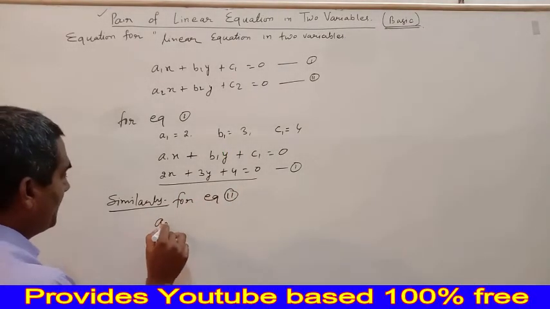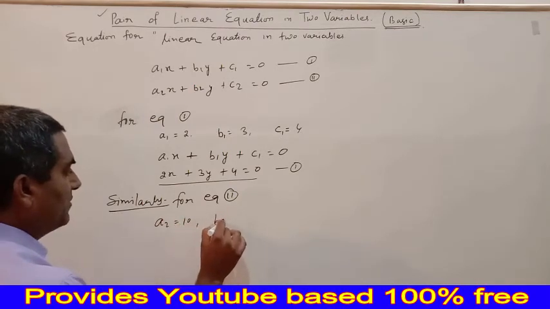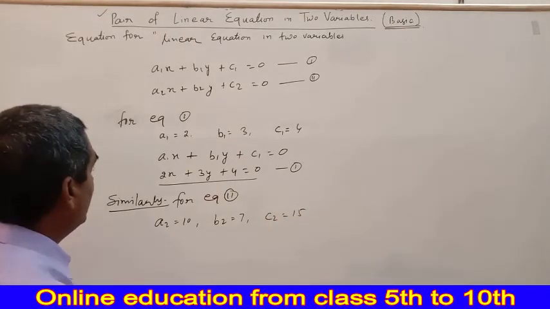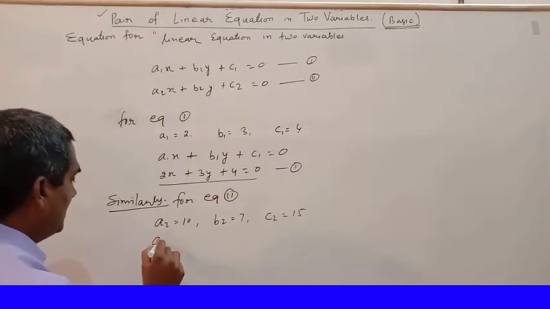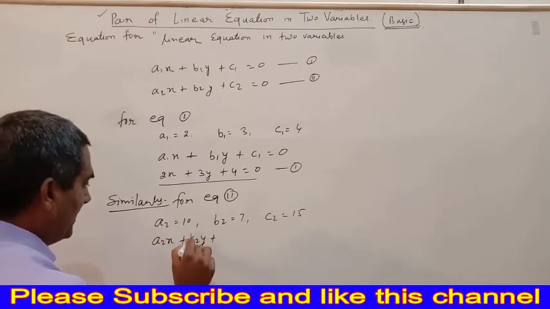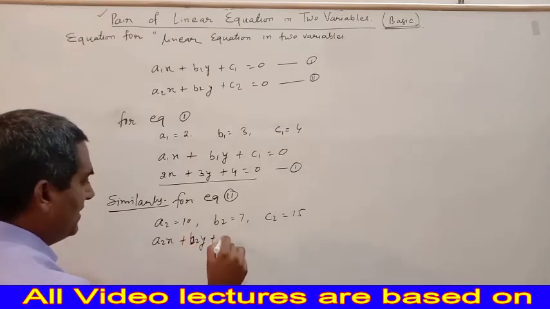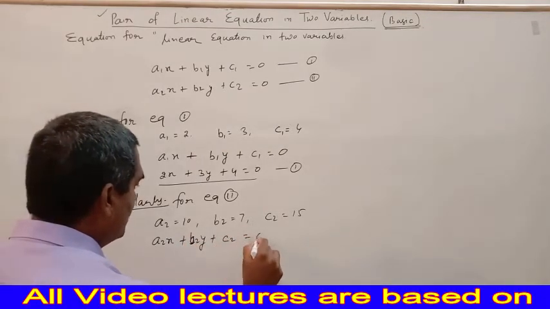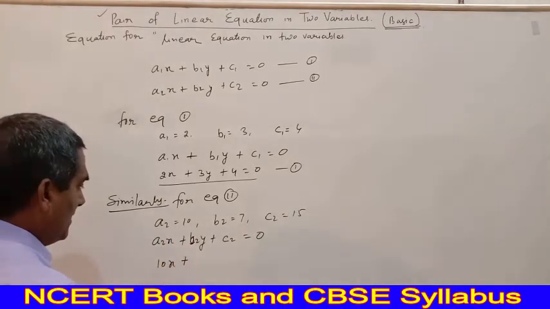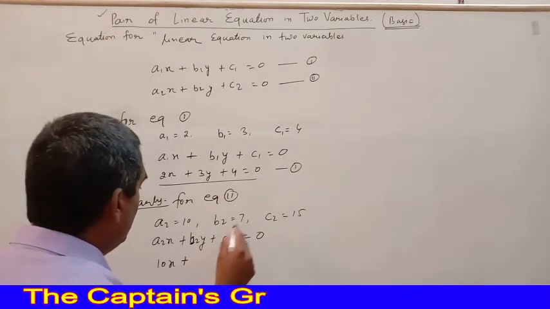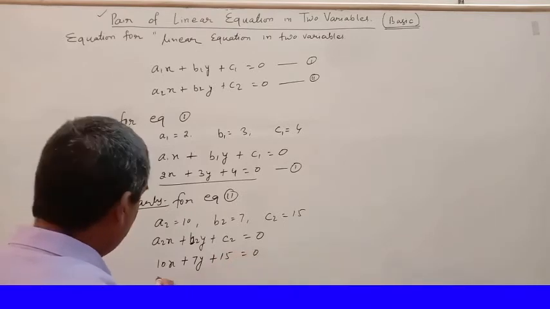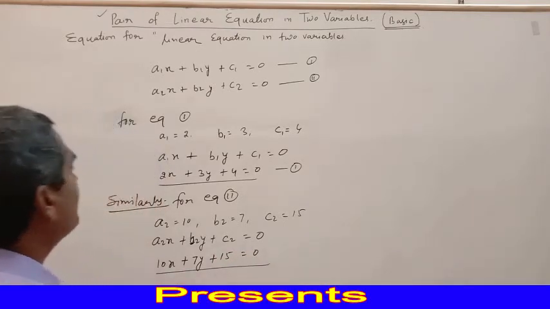If a2 equal to 10, b2 equal to 7 and c2 is equal to 15, then from equation 2, a2x plus b2y plus c2 is equal to 0, then 10x plus 7y plus 15 is equal to 0. So this will be equation 2.